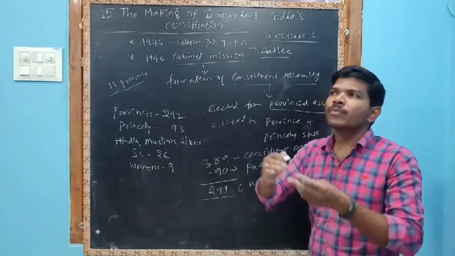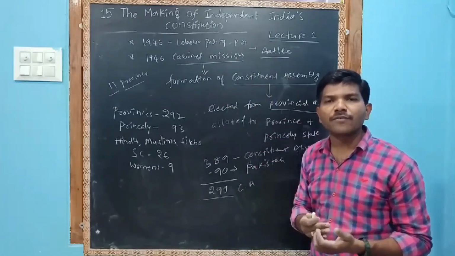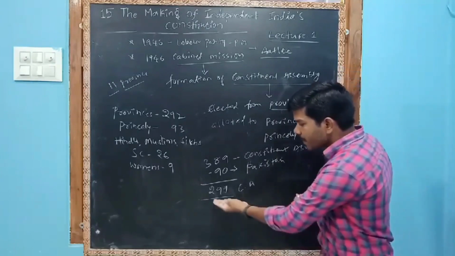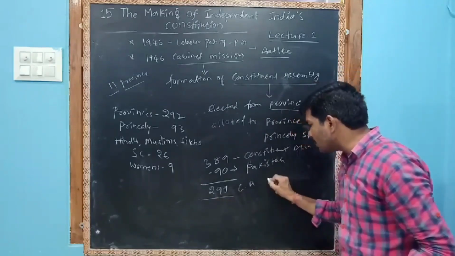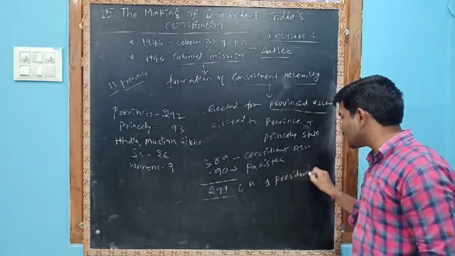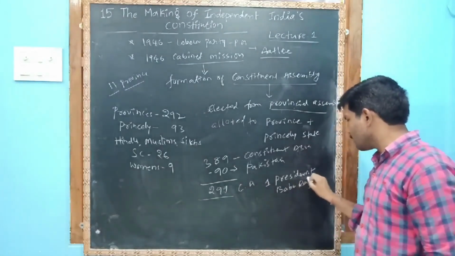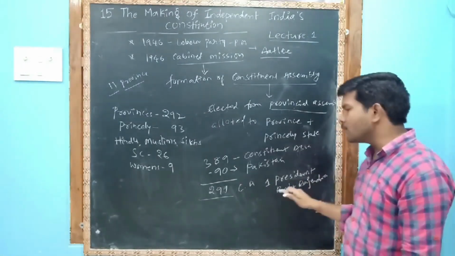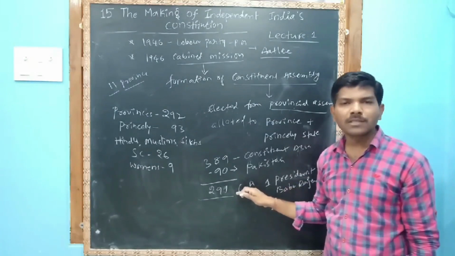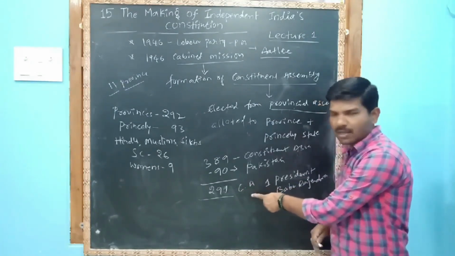They started to collect information from different countries and read different countries' constitutions. From the 299 members, one person became president, Babu Rajendra Prasad. Babu Rajendra Prasad was president of the Constituent Assembly. CA means Constituent Assembly.